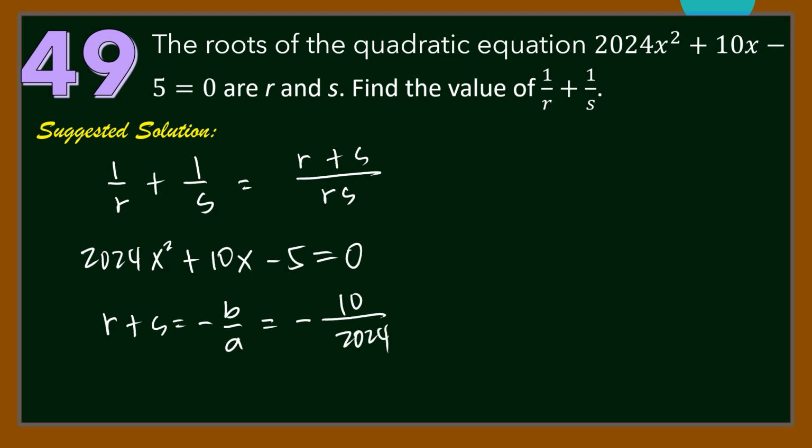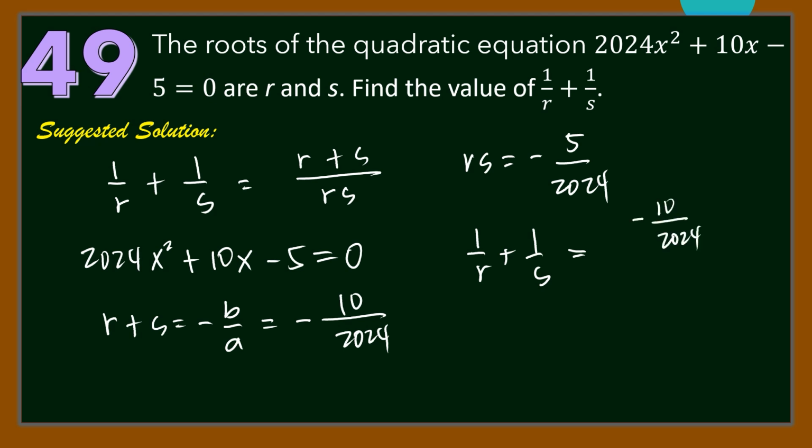The product of the roots rs is equal to c over a, that is negative 5 over 2024. So if 1 over r plus 1 over s is equal to r plus s over rs, the sum of the roots and the product, that will be equal to negative of 10 over 2024 over negative of 5 over 2024, and this is equal to 2.